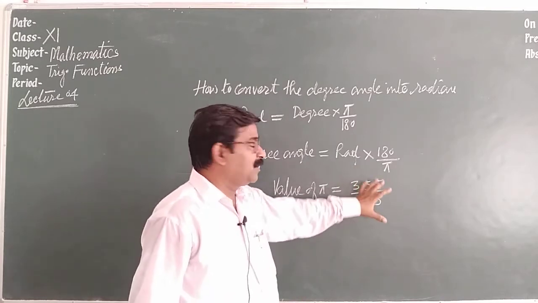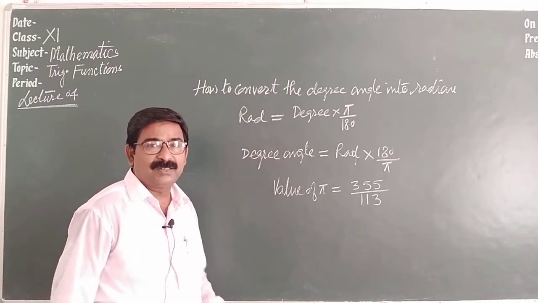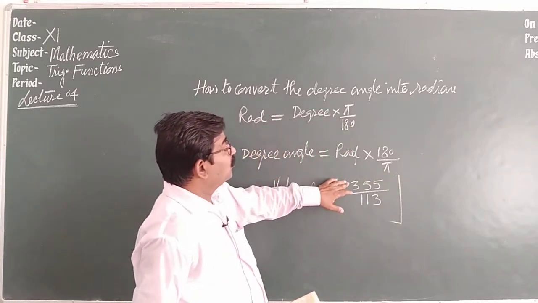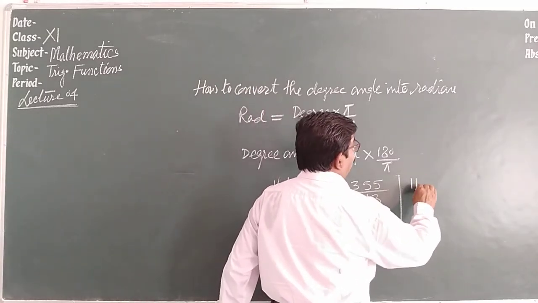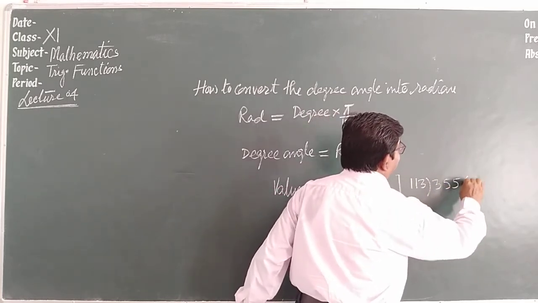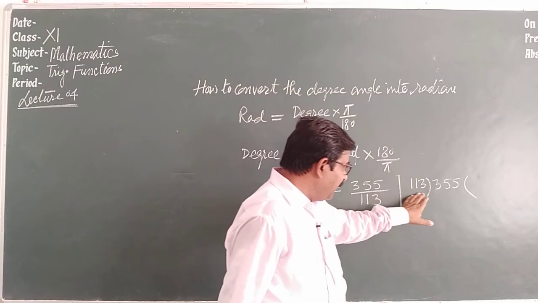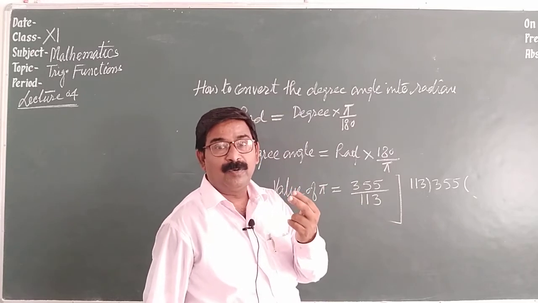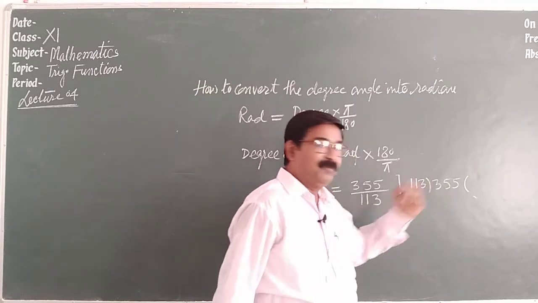Suppose you don't remember this value, so I am giving one idea to learn it. I am writing 113 divided by 355 this way. It is very easy to learn. If we read the number without this sign, we have 3 consecutive odd numbers repeating: 113355.